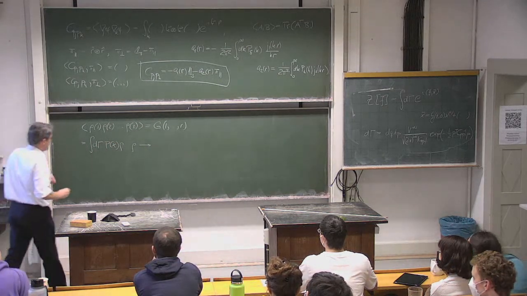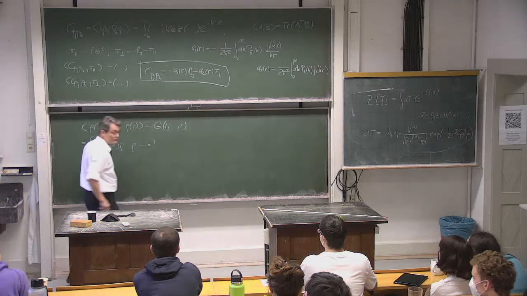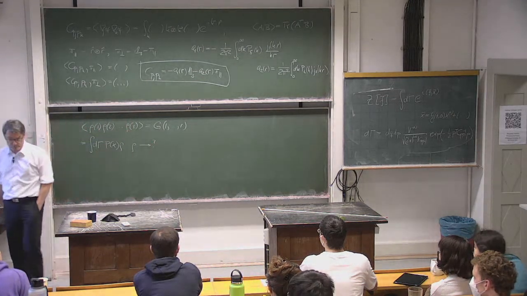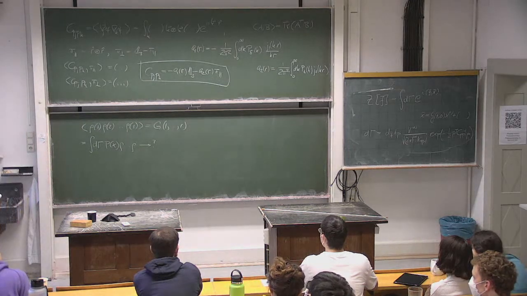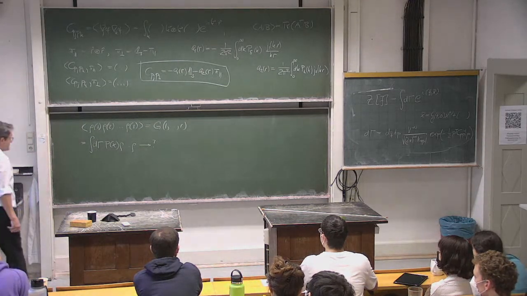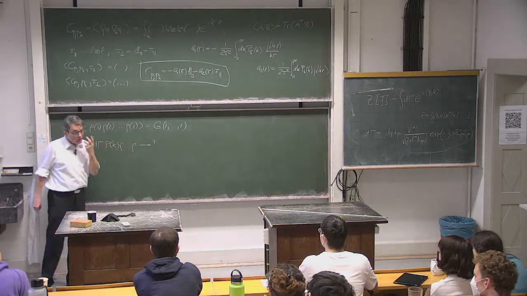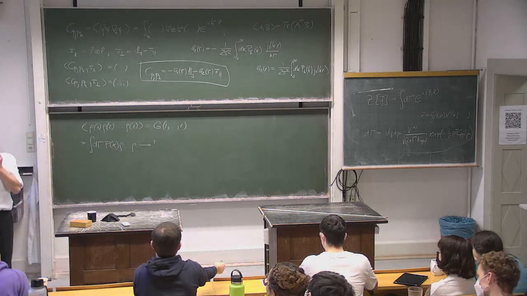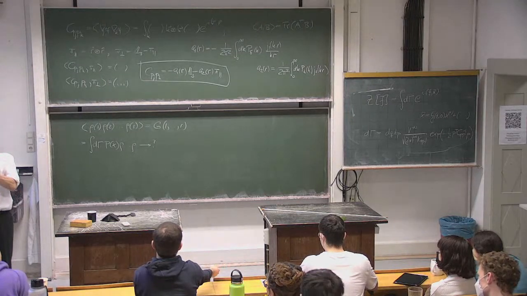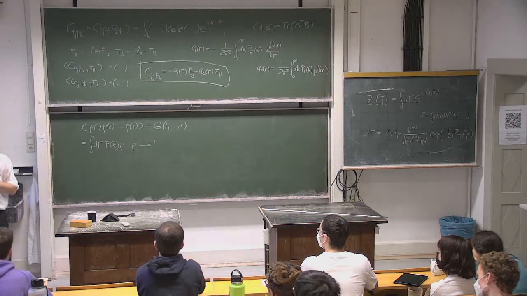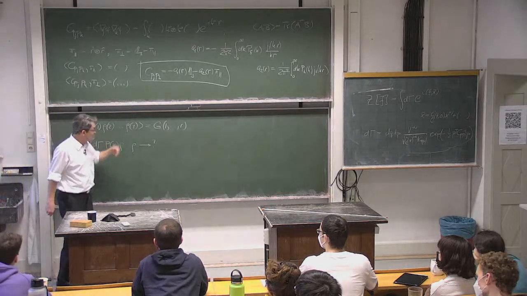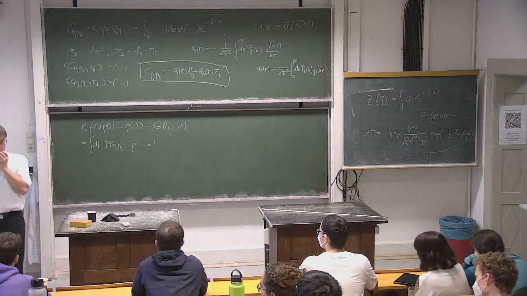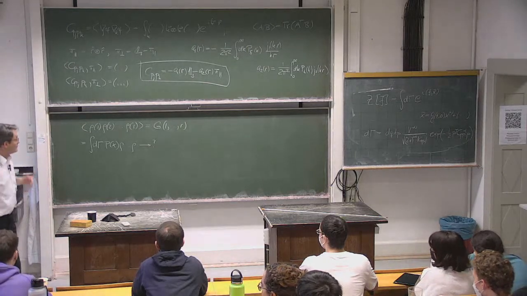Now, what is this operation here? I want to find an operation that gives us exactly this expression. So I need, first of all, some kind of operator that extracts from the generating functional, for example, the physical density in configuration space of the particles that are represented by the generating function. So how do I do that?